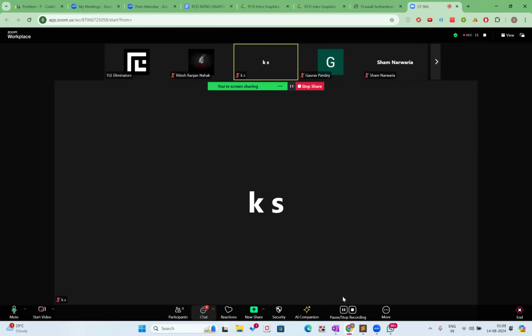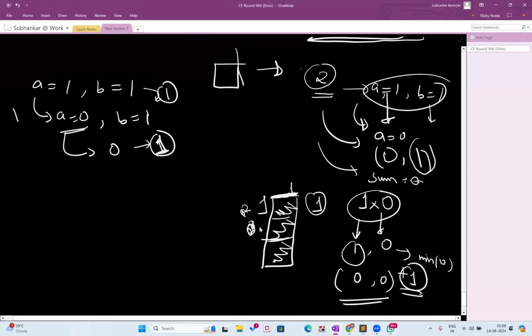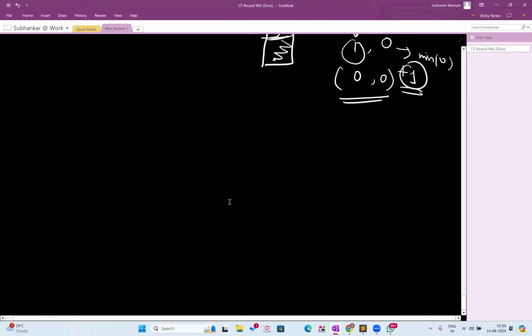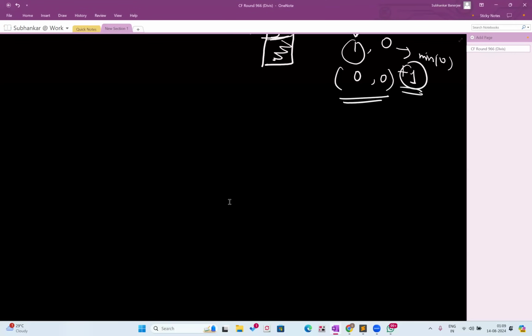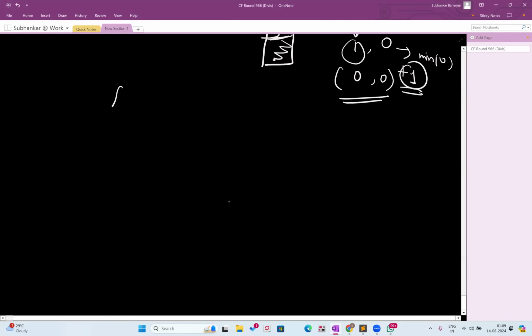So basically this will be the algorithm for this problem. Again this is for only one rectangle, right? Yes. So for one rectangle, suppose a cross b is the dimension of one rectangle, what can be the maximum number of points that I can get from this?